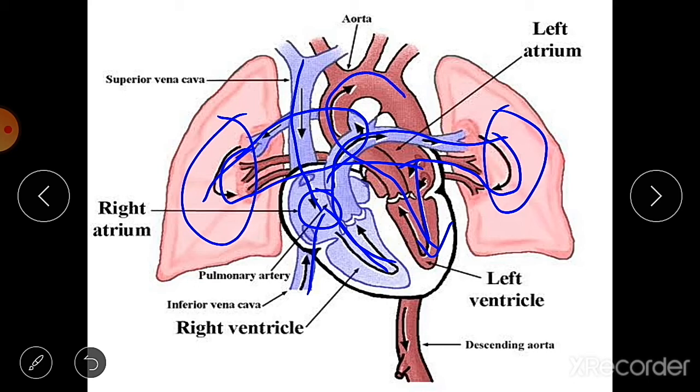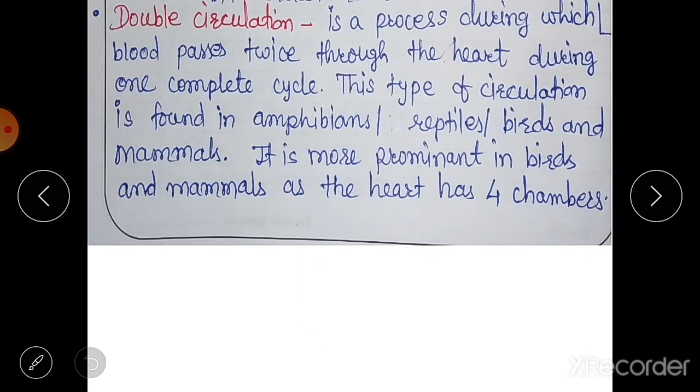This artery then divides and redivides into different arteries, arterioles, and the capillaries. And again in the capillaries the exchange of gases takes place, and the deoxygenated blood from all over the body is again carried to the heart. So this is all about the working of the heart.